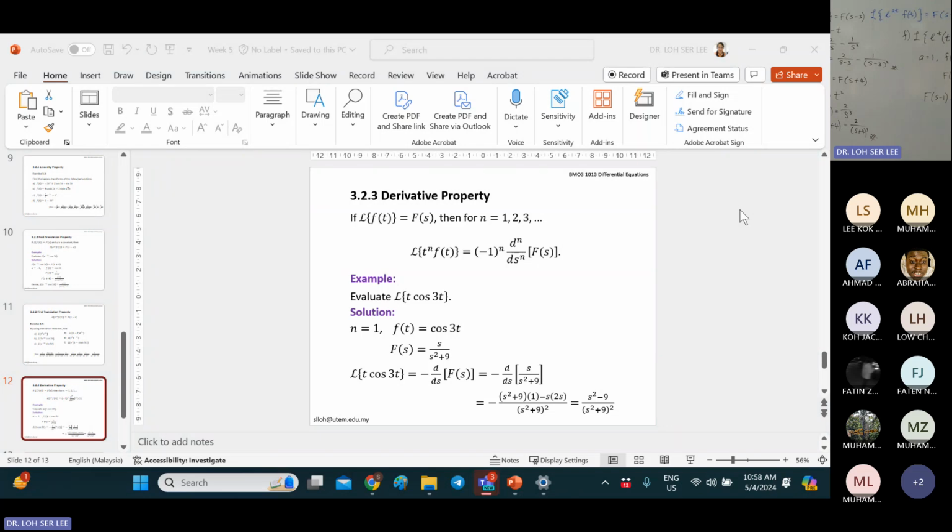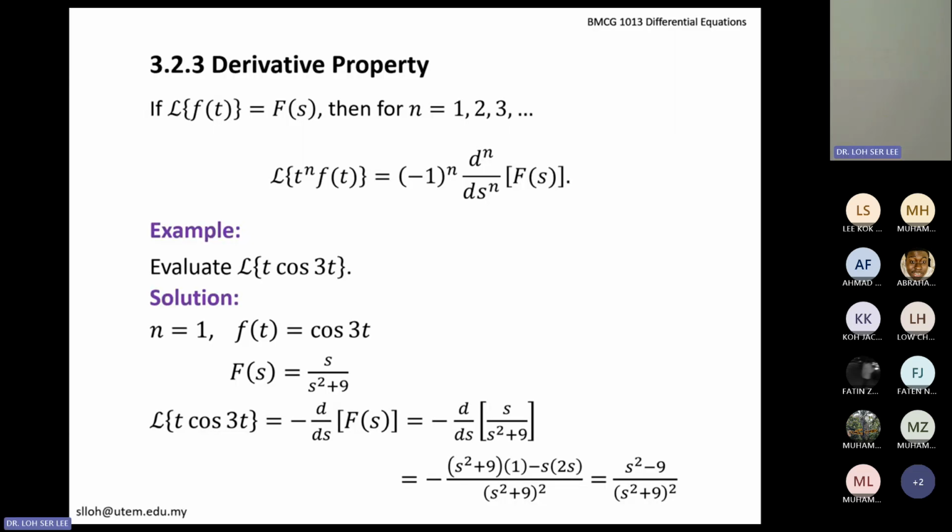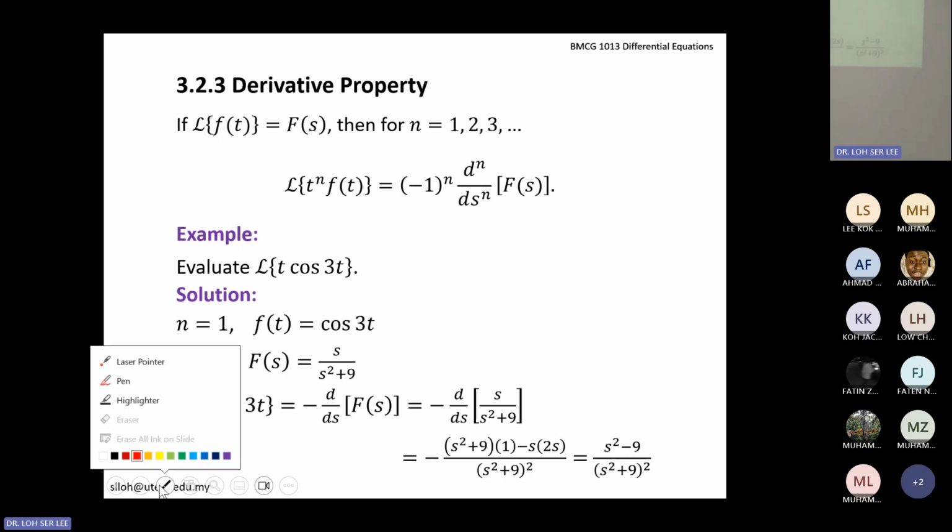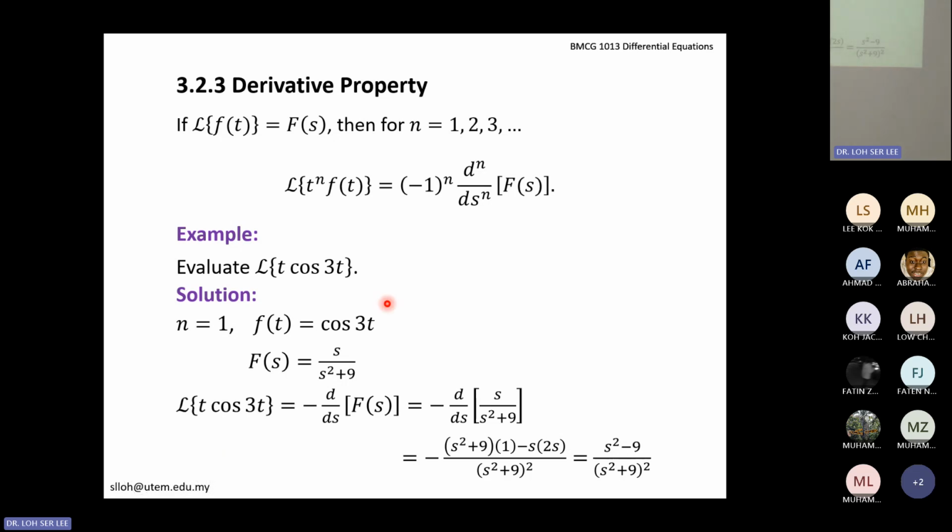Okay, one more property to go. This is called the derivative property.